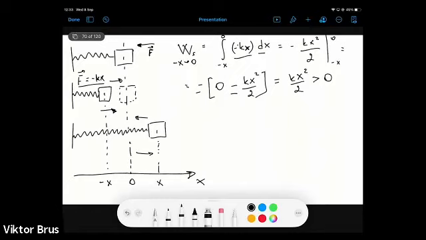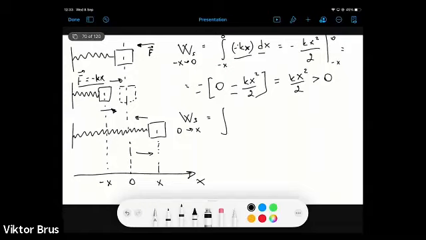So these two are in opposite directions. Let's see what we get when we calculate this work. So work done by the spring force from moving the object from 0 to x will give us the following.